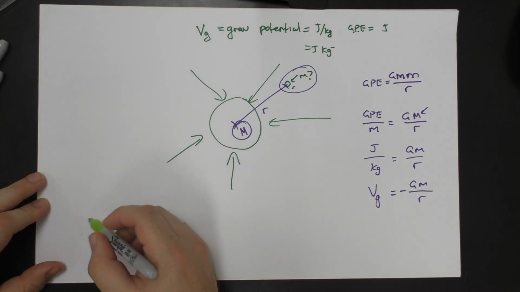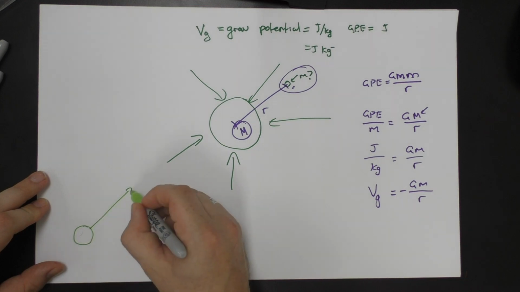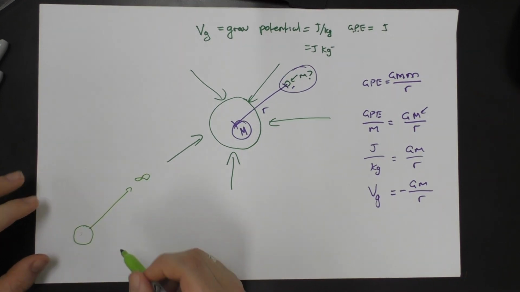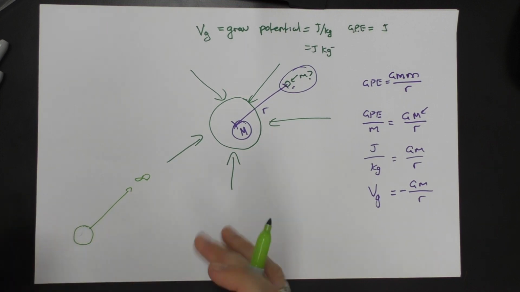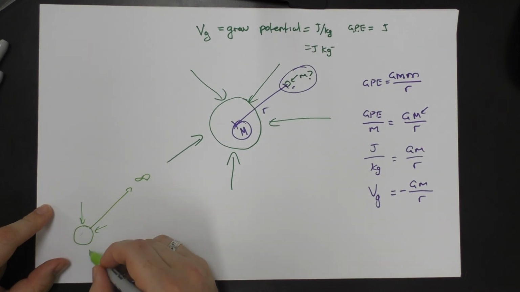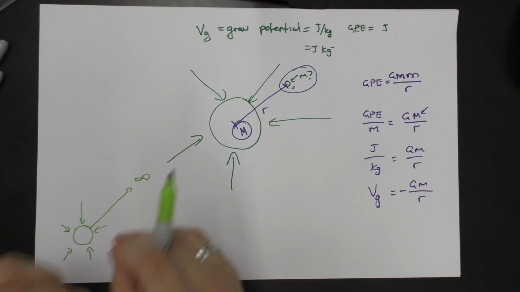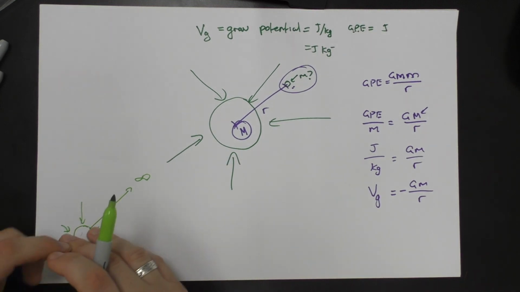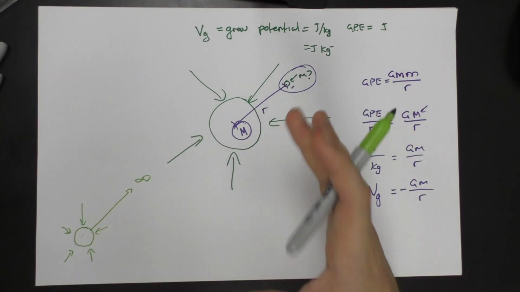So say, for example, we've got our planet and we go to infinity. Okay, so at infinity, technically, what is the field strength of this planet? Well, at infinity, it's going to have gotten so small because it's a radial field that's spreading with 1 over r squared. It's getting less and less and less.